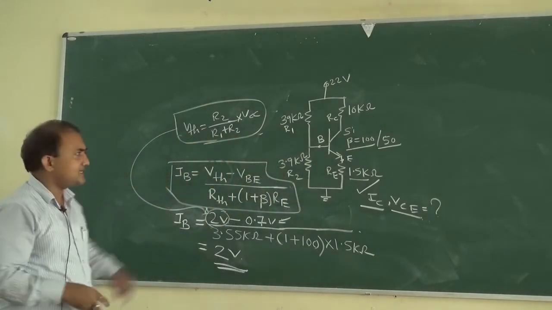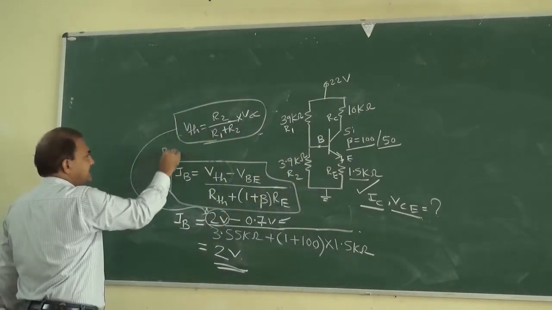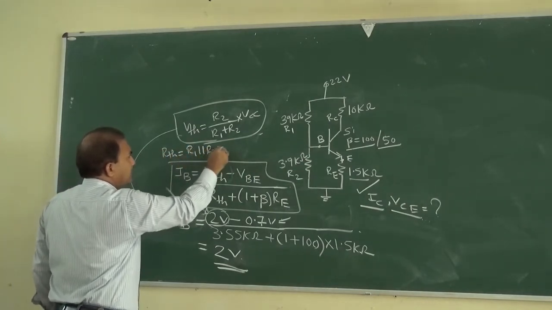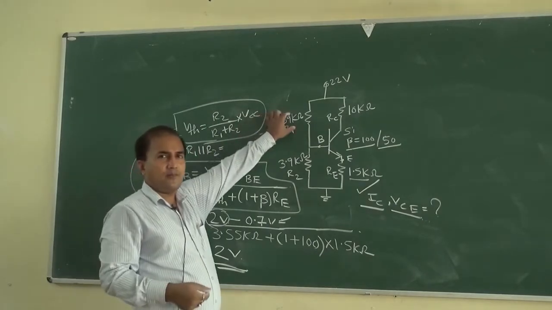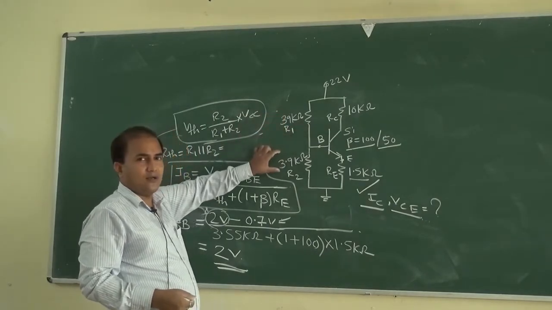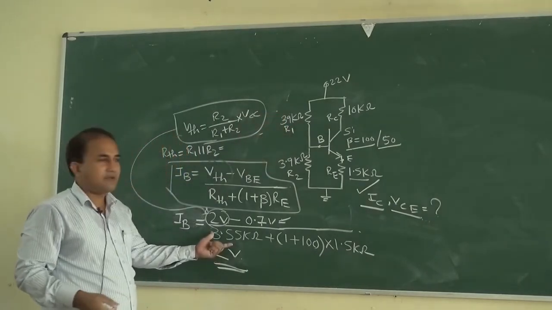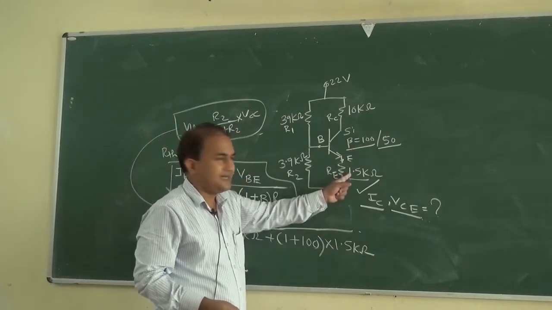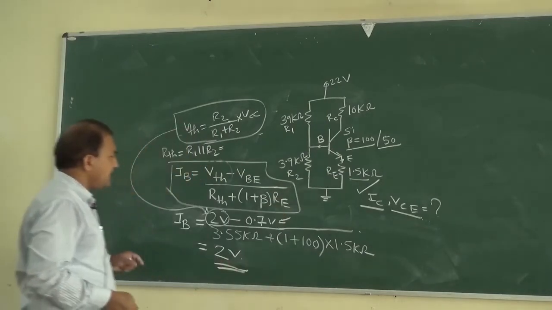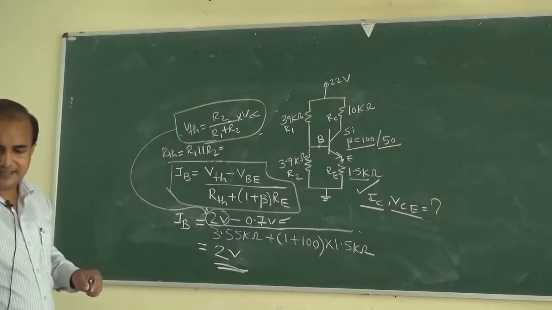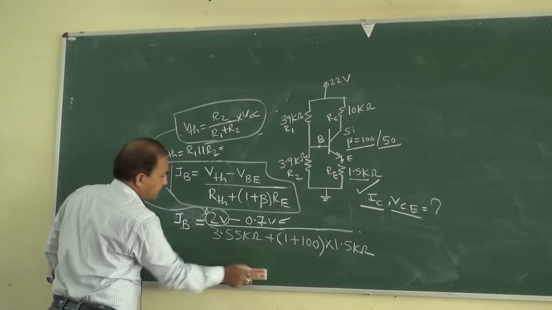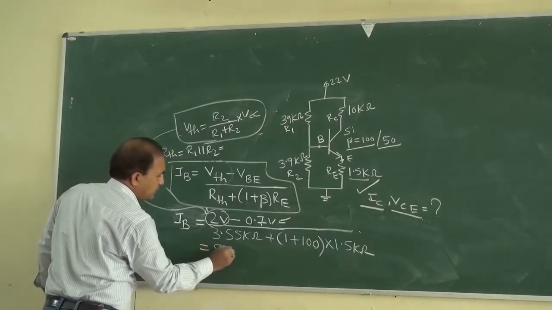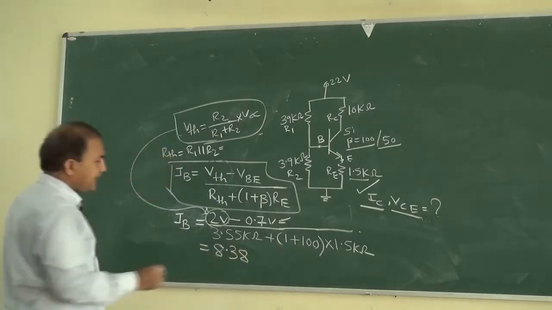RTH is equal to R1 in parallel with R2, so 39 kilo ohm in parallel with 3.9 kilo ohm is 3.55 kilo ohm. And 1 plus beta is 100 and RE is 1.5 kilo ohm. Okay, so in this way we can determine the value of IB, which is equal to 8.38 microampere.